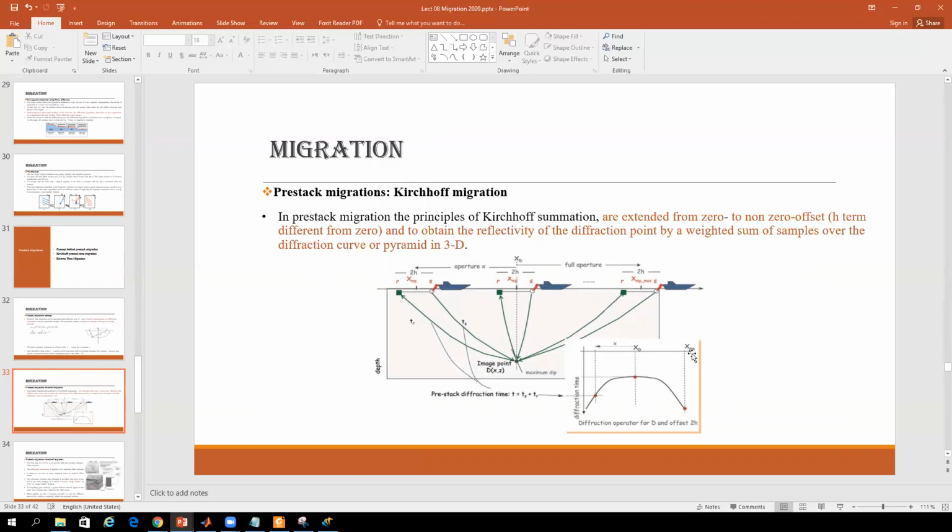The diffraction curves which we have seen in the post-stack or zero offset migration are a very nice hyperbola shape where the offset term is zero. But now, because the offset term is not zero, the hyperbola shape will change with the offset term. And if we are moving in 3D, we will have a 3D hyperbola shape, and this will build a pyramid in 3D.